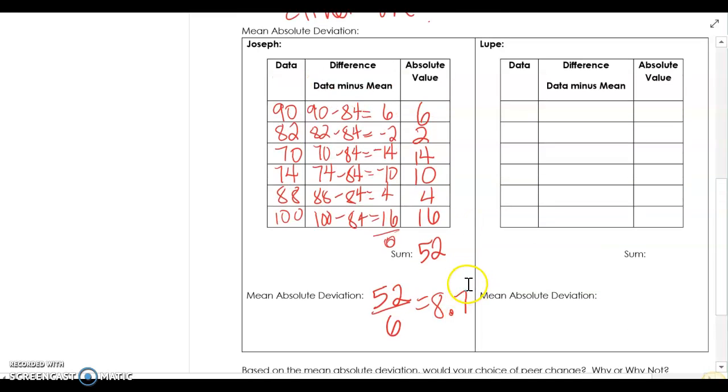So we have to interpret what that means, and what that 8.7 means is that on average, each piece of data is about 8.7 points, you could say units, but in this case we know it's points, away from the mean. Take a moment and pause your video, and you can either have printed off this worksheet or you can just copy down a quick table with the data, the difference, absolute value, and then find the mean absolute deviation for Lupe.